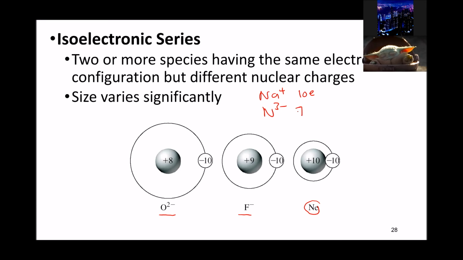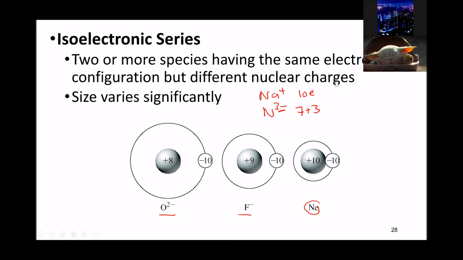So 7, but you have a 3 minus charge, so that's going to add 3 electrons. So this species also has 10 electrons in total. So both of these species are isoelectronic to the series that we are discussing right now. Both of them have a total of 10 electrons, okay?